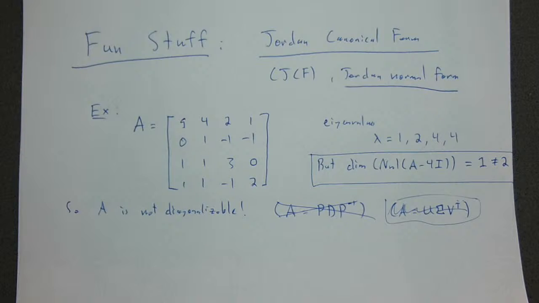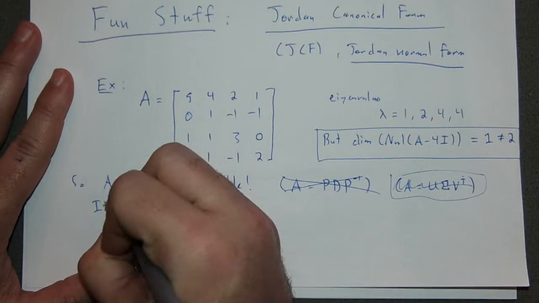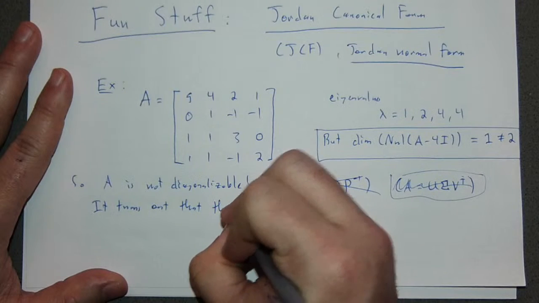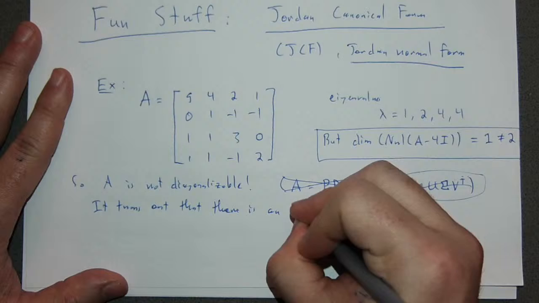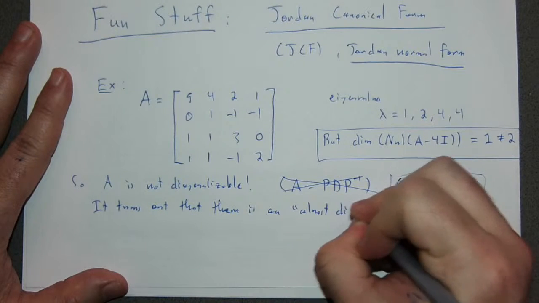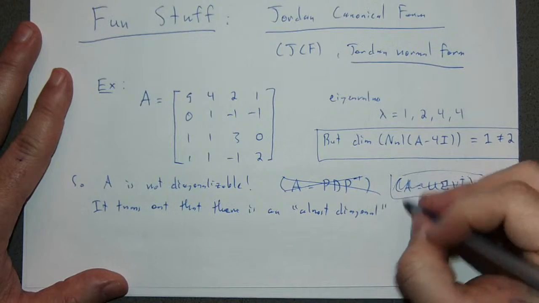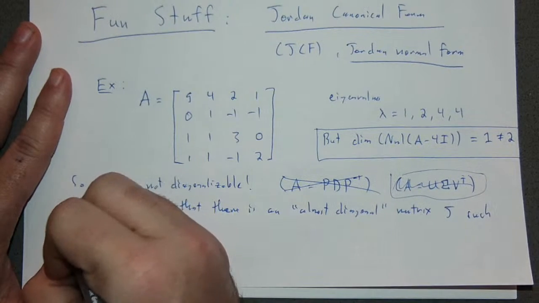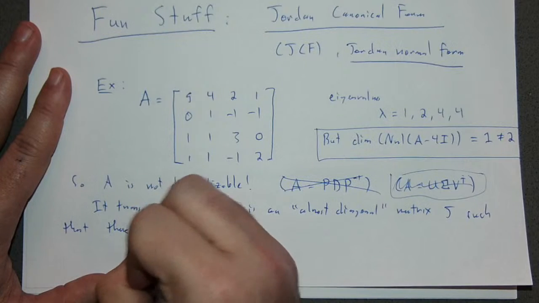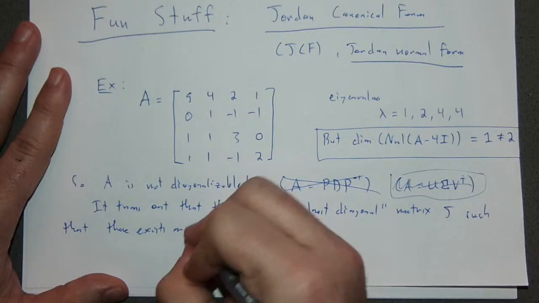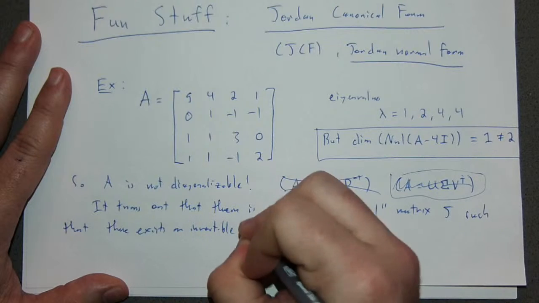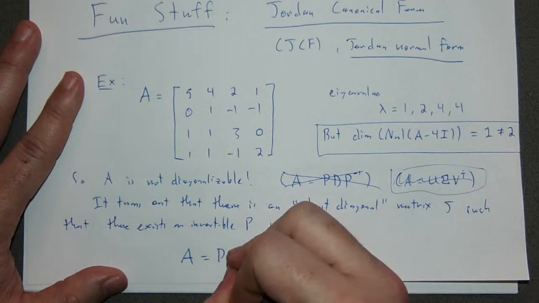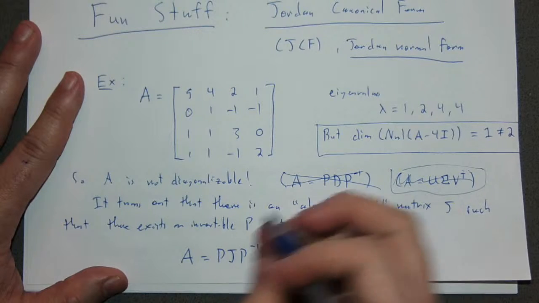Okay. So it turns out that there is an almost diagonal matrix J such that there exists an invertible P such that A is equal to P J P inverse.